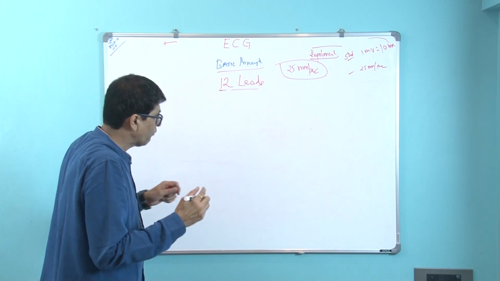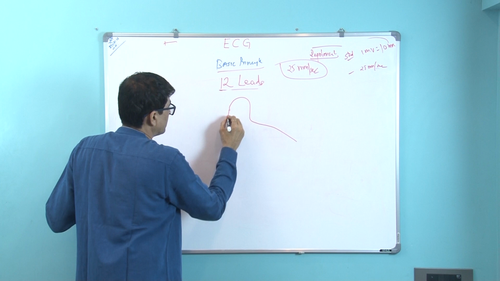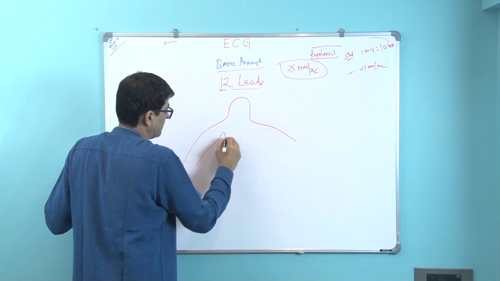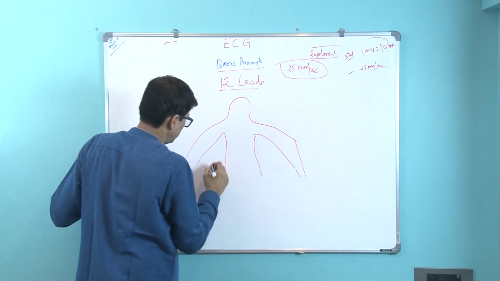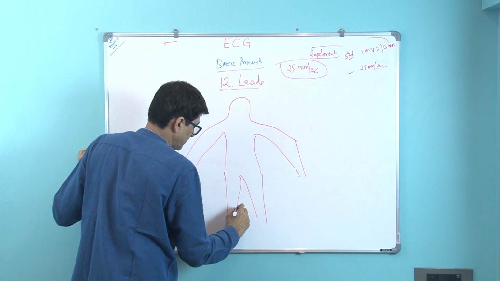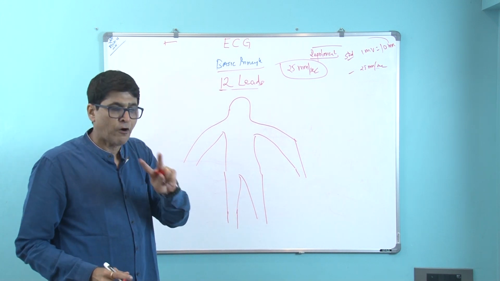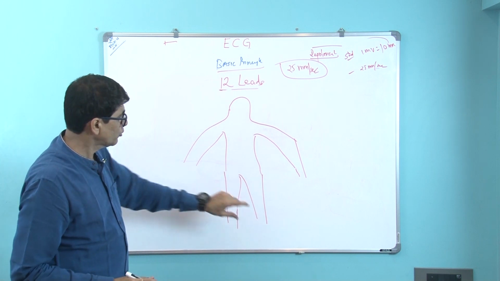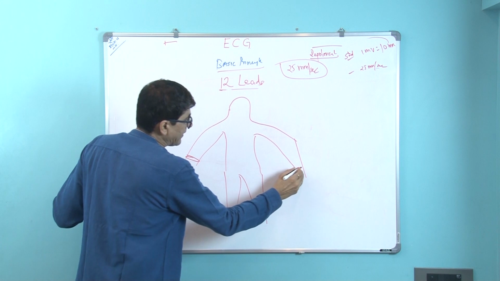Leads are formed by 2 electrodes. Now, you know the electrodes are attached to the periphery.